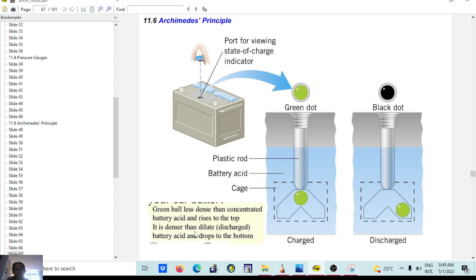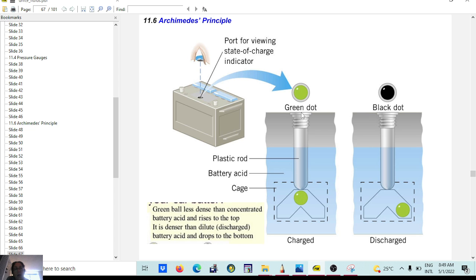Okay, so here is a nice application when you have a car battery and the density will change with the acidity. When your battery is full, you have a lot of acidic fluid, then that little bead here is going to float.